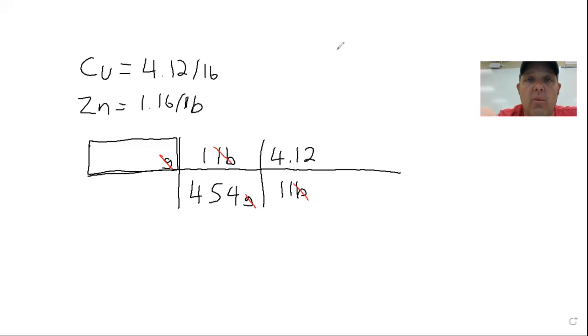And that's what we want. We want to know what the money is. So now you can do this math and find out how much this penny is worth. There should be no surprise when you get this calculation. You're going to find that this old 1975 penny is worth more than 1 cent. And that's why we switched them out.